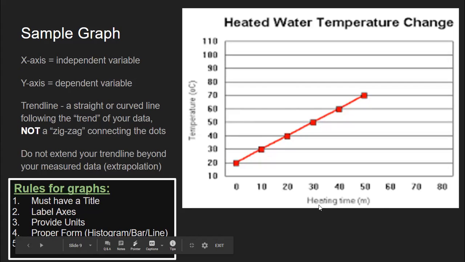So here we have, in this example, your heating time in minutes. What we have in parentheses here, the M stands for minutes. That's our unit. So we're saying this is how many minutes we spent heating this object. And then over here we have temperature, and it's in degrees Celsius. That's our unit.